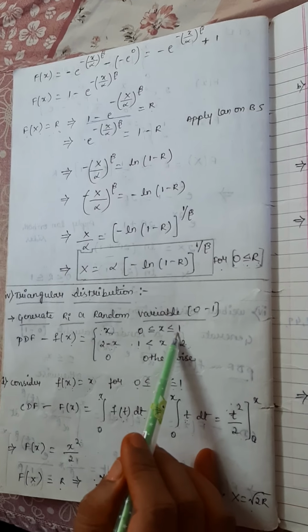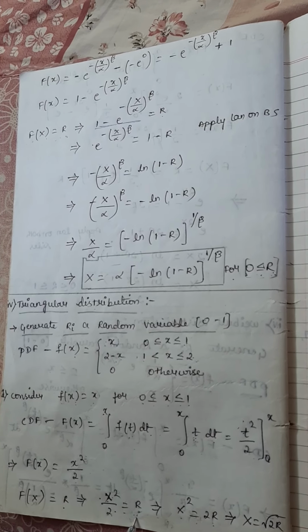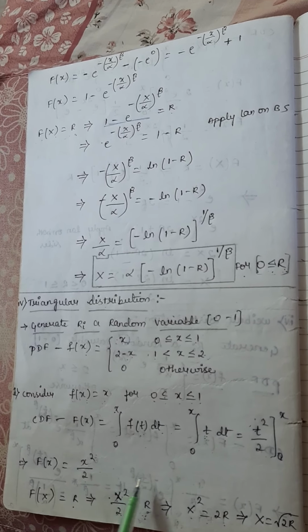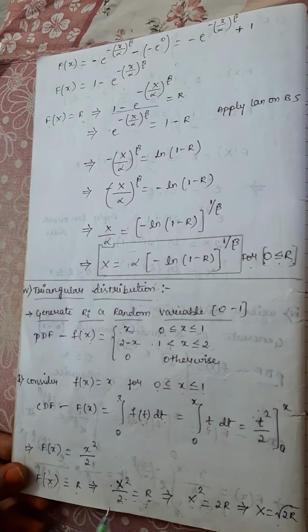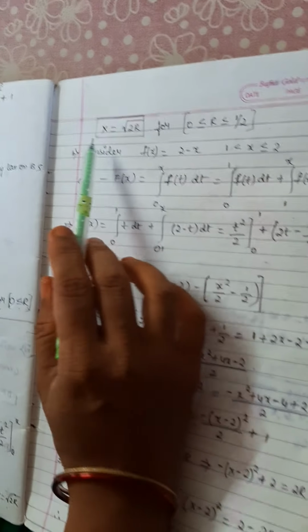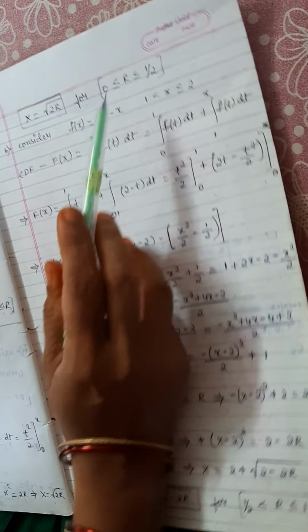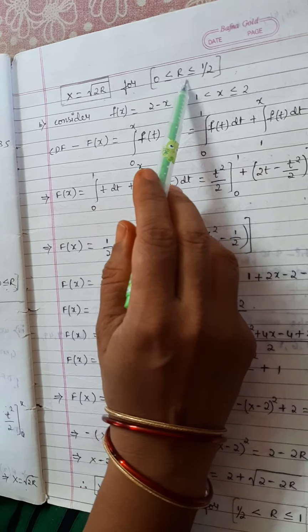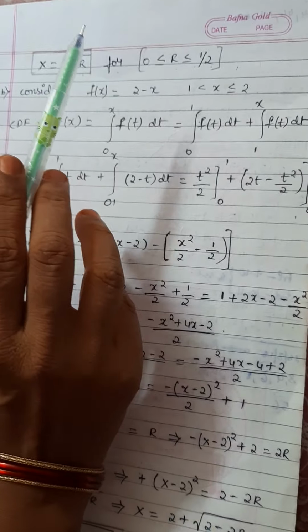Whereas applying the upper limit 1 to this equation gives 1 by 2. So R will have values 0 to 1 by 2. Applying these two values gives the lower and upper limits. So x is equal to square root of 2R for 0 less than or equal to R less than or equal to 1 by 2. This is for the first part.